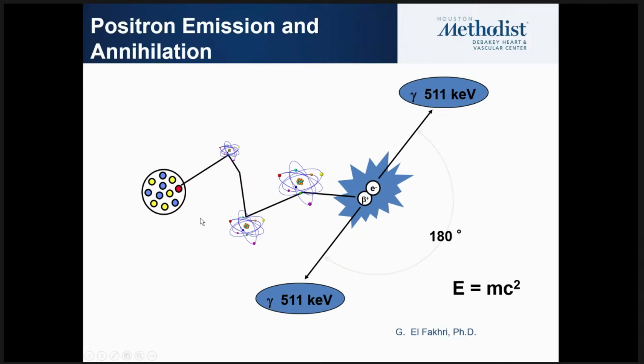So the annihilation is going to happen with some distance between where the rubidium is and where the positron annihilates, because of the high energy, it moves a little bit, and then it will annihilate and give the two gamma rays. While on a 180 degrees line, we're going to say that the positron could have originated from here.